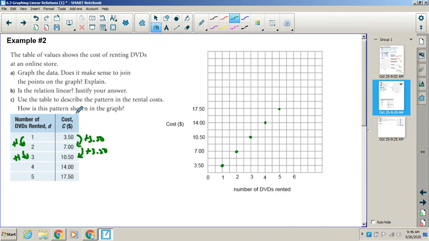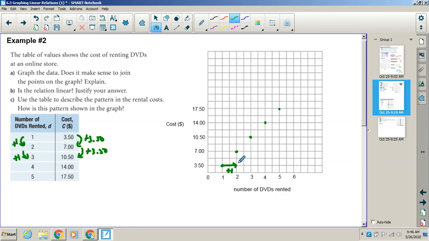It says use the table to describe the pattern in the rental cost. How is the pattern shown in the graph? What that means is if you look at the table, as my number of DVDs rented increases by 1, my cost is increasing by 350. This is also shown in the graph because I have an increase here in my x-axis.